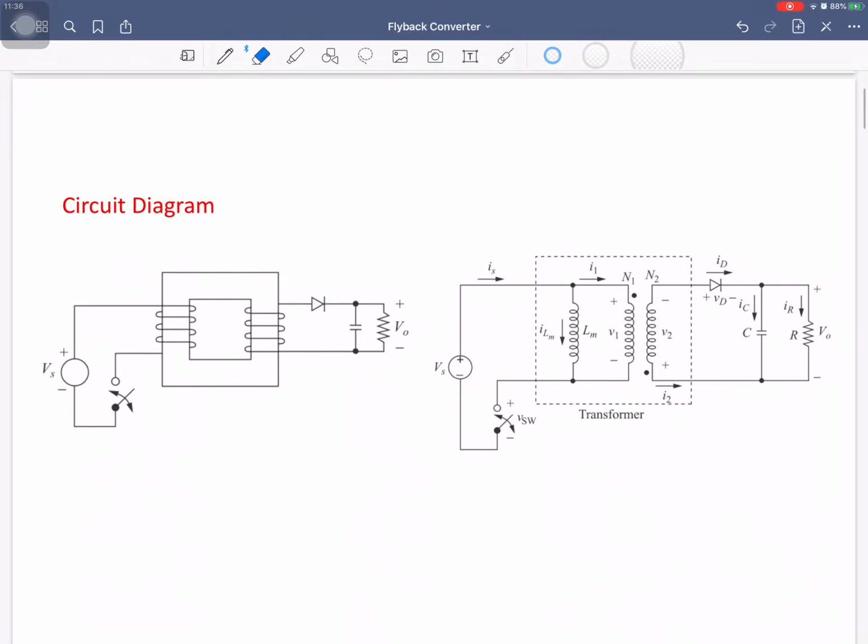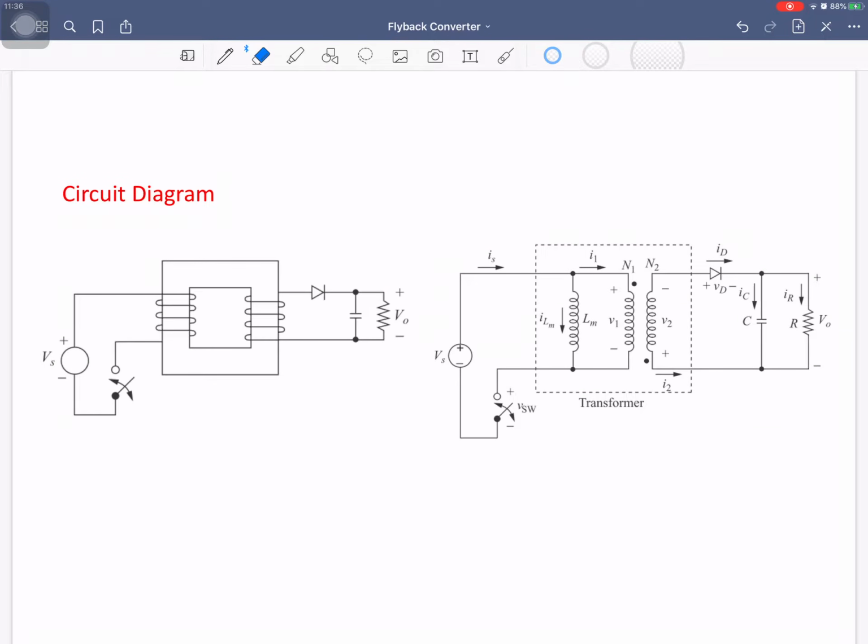So the circuit diagram of the flyback converter is shown in this slide. Here you can see the voltage source. It's a DC voltage source and it is connected with this primary winding. The secondary winding is connected with this circuit.